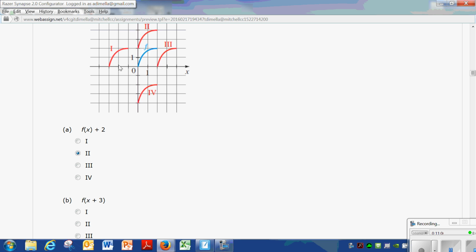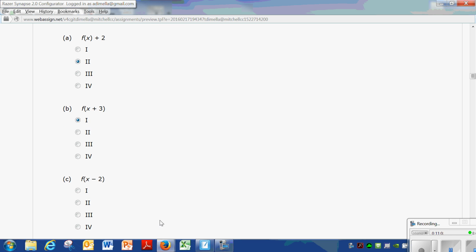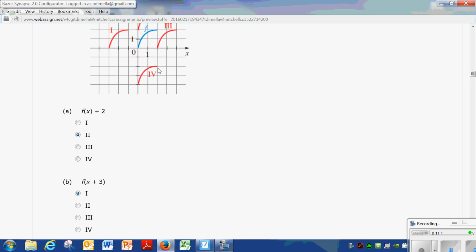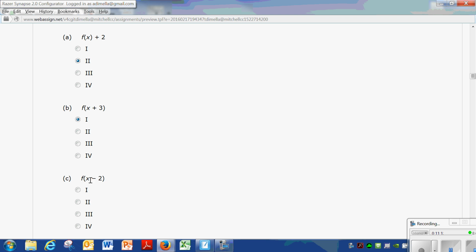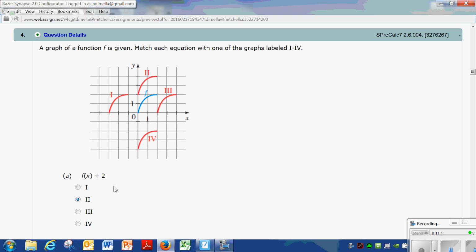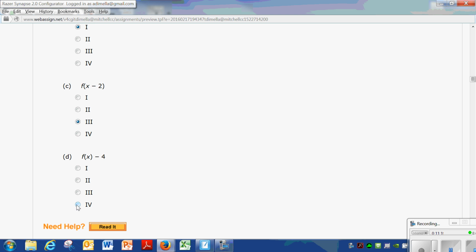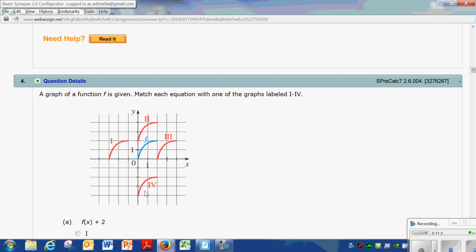So 1, 2, 3 would put me at the 1. If I wanted to move to a positive 2, like I see right here, then I would have to put a negative 2 inside of the function. And so that would need to be number 3, which leaves me with number 4 for the f of x minus 4 to drag this down.